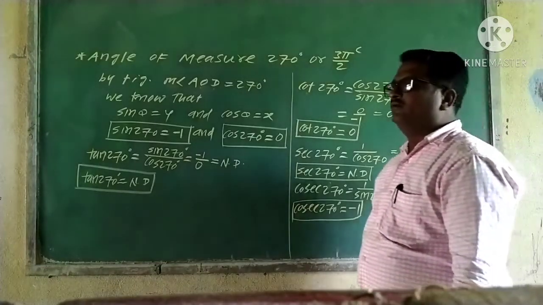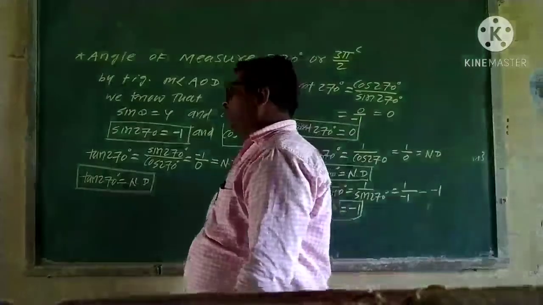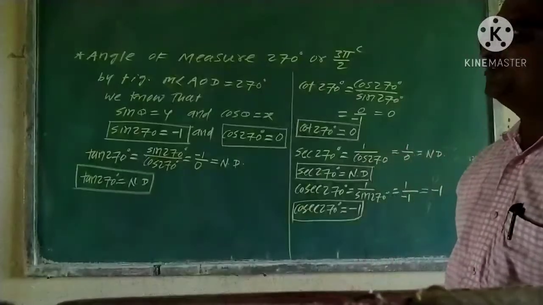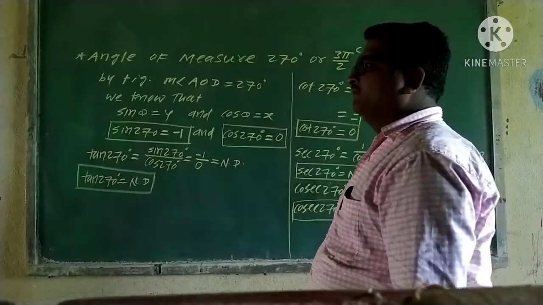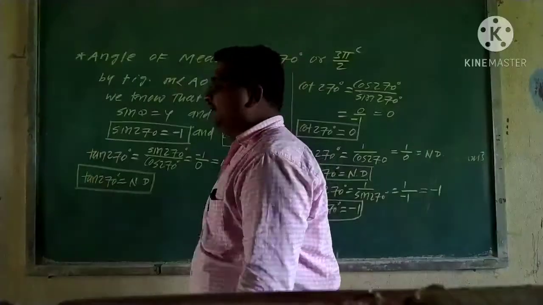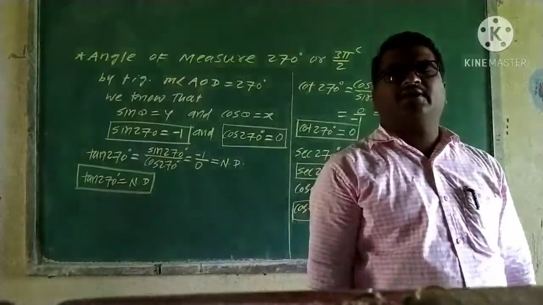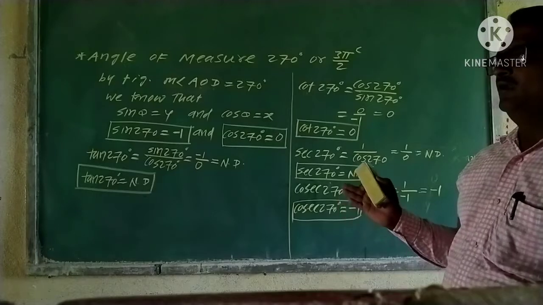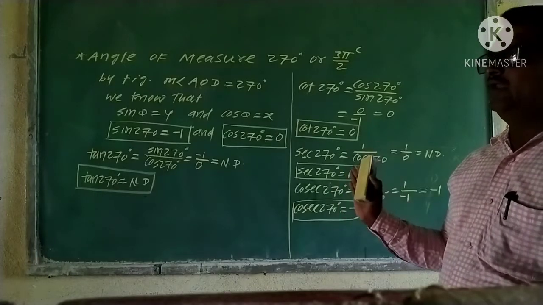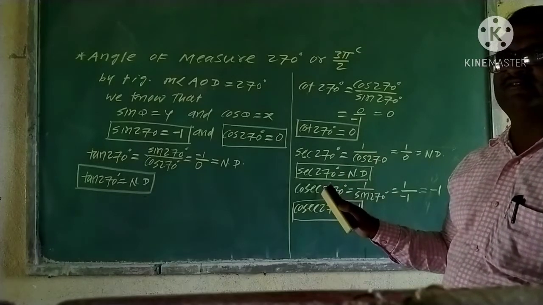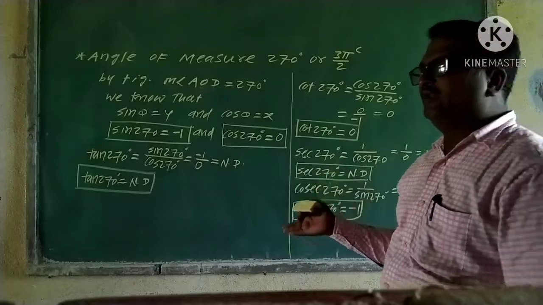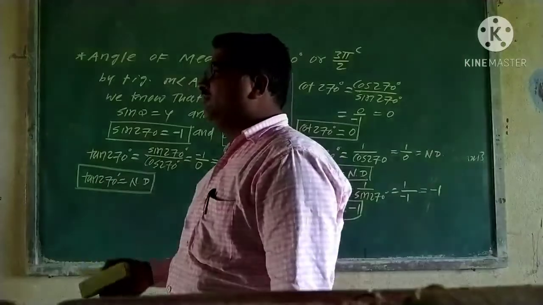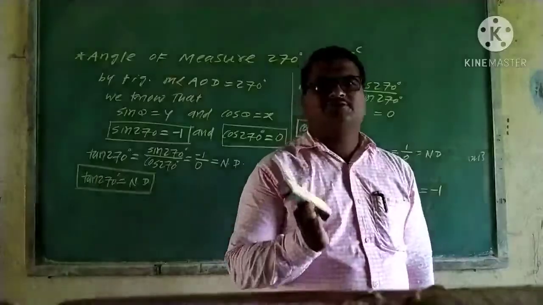To find the trigonometric values for a particular angle, the process is the same, but consider which are the terminal ray and the initial ray, and then find the values of the trigonometric functions.